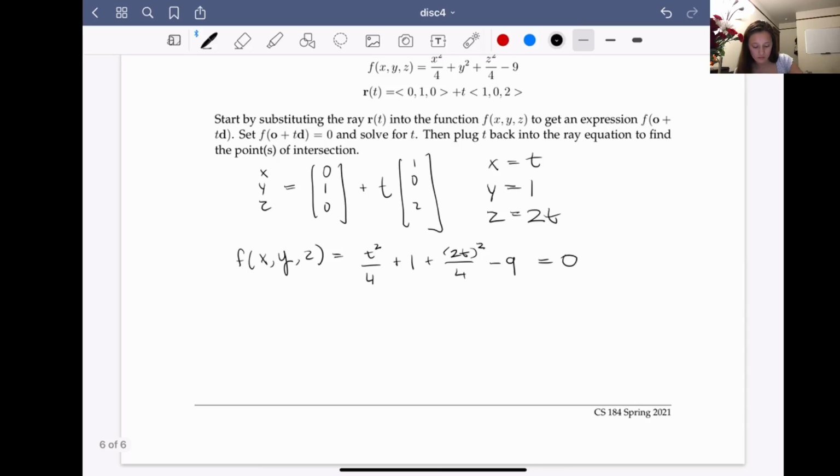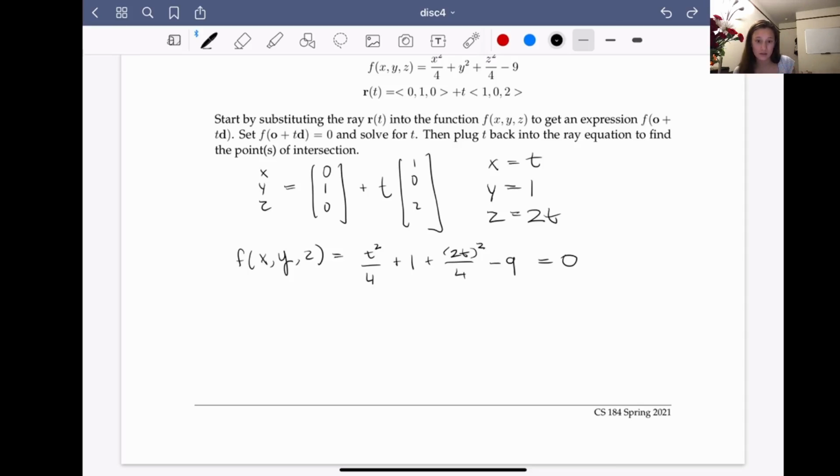So the one difference here is that we have actual values for our D and O vectors. So we're going to be able to actually get a value for t and then plug this back into the ray equation and find out the actual points of intersection. So these are just going to be X, Y, Z points.